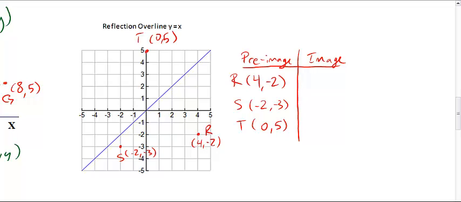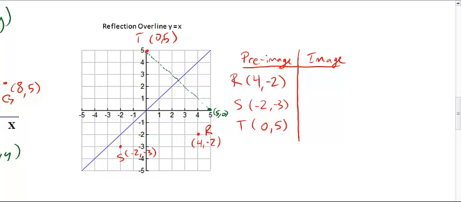We've got a few points here, and we notice that this line has a slope of 1, and hopefully we recall that a perpendicular line has the opposite reciprocal slope. So I need to travel at a slope of negative 1 to be perpendicular, and if I do that, I notice that this point T at (0, 5) becomes the point (5, 0).